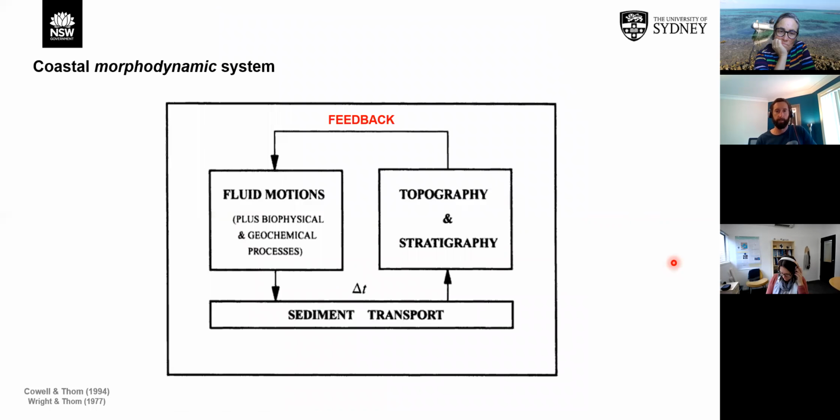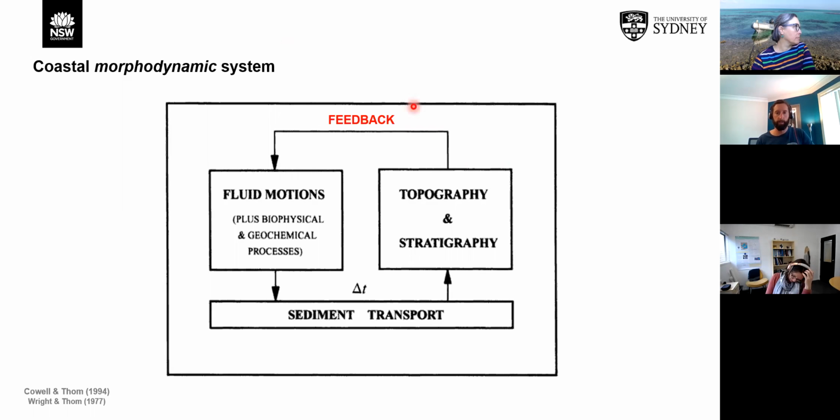So I like to use this diagram a little bit. It's very simple. It's the classic diagram of coastal morphodynamic systems and comes from some of the earlier work there. The thing I want to point out here is that when people hear the term morphodynamic, they straight away think of changing form, so the topography or the bathymetry changing through time.